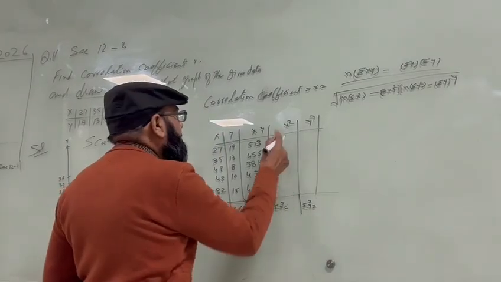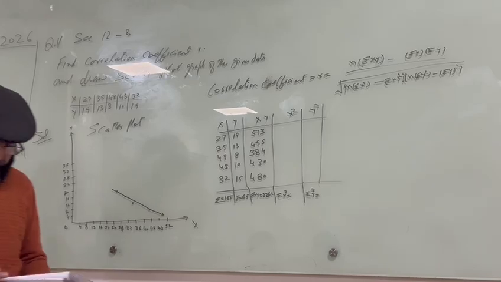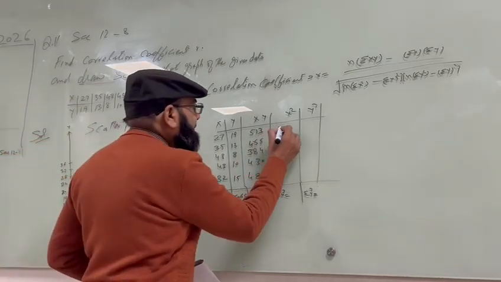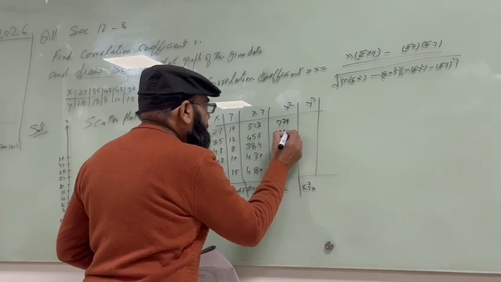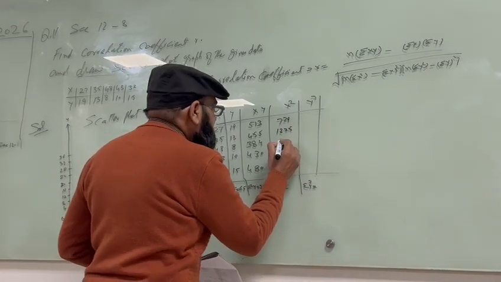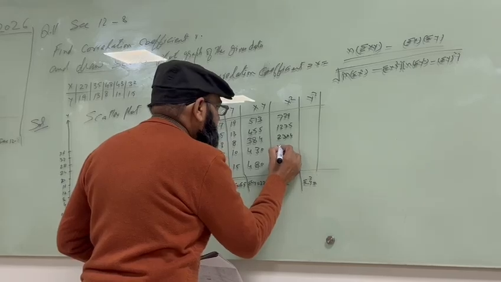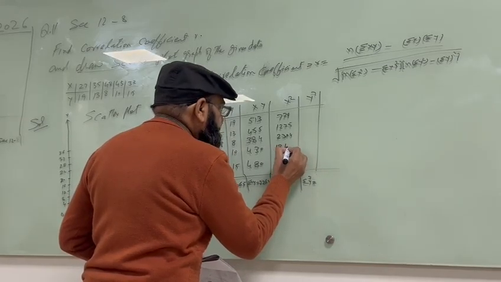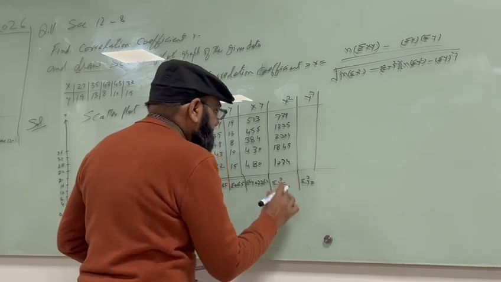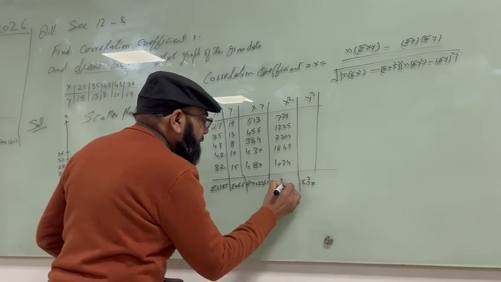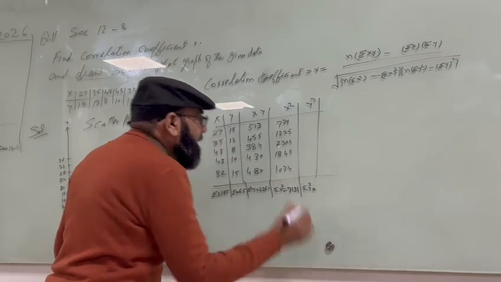Now take the square of x. 27 squared is 729, then 1225, then 2304, then 1849, then 1024, and the sum of all these is 7131.